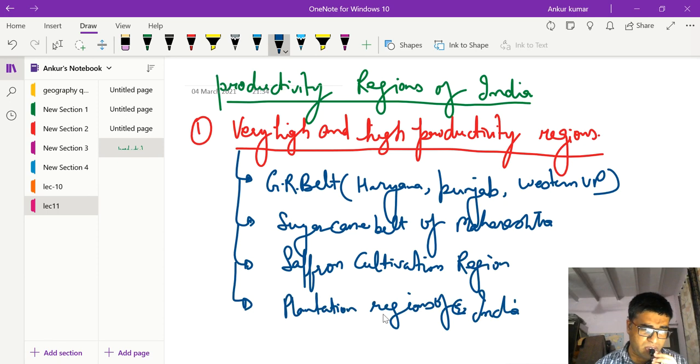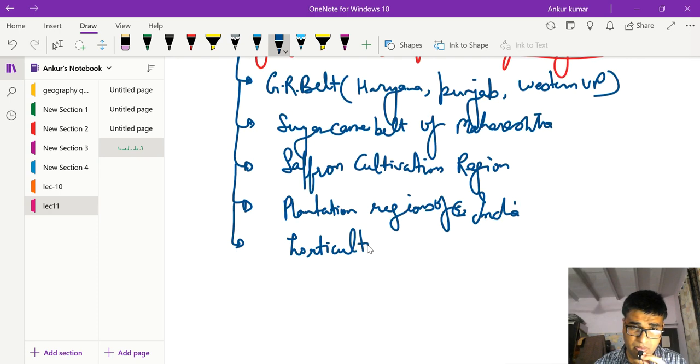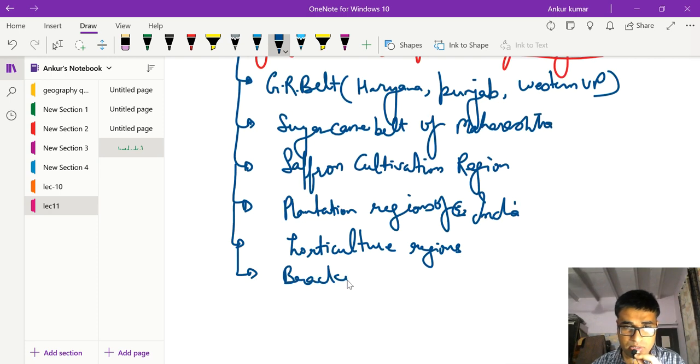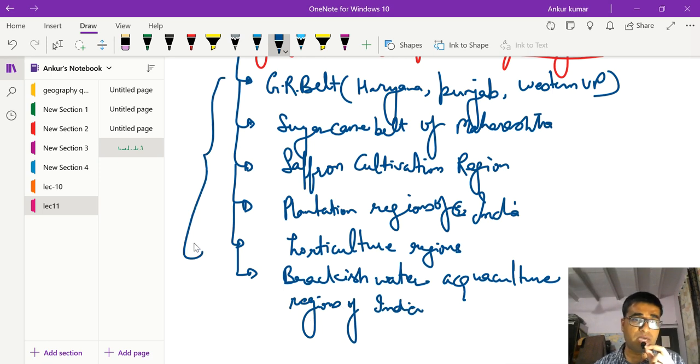It also includes the horticulture regions of India and the brackish water aquaculture regions of India. So these are the regions which are very high productivity.